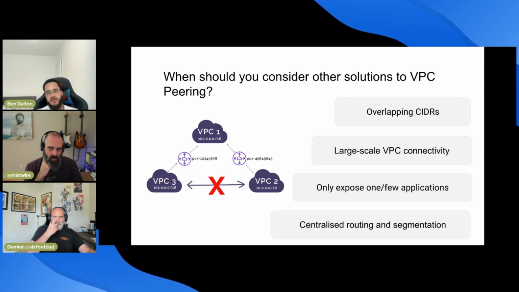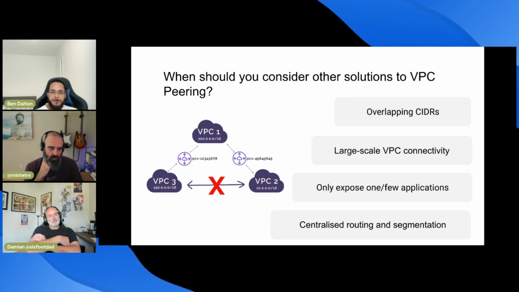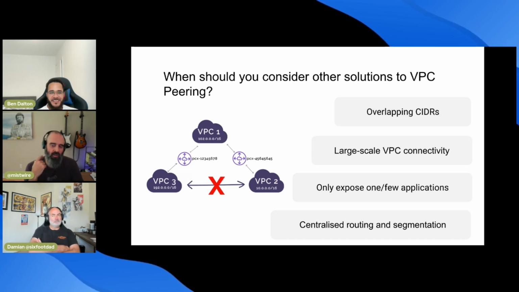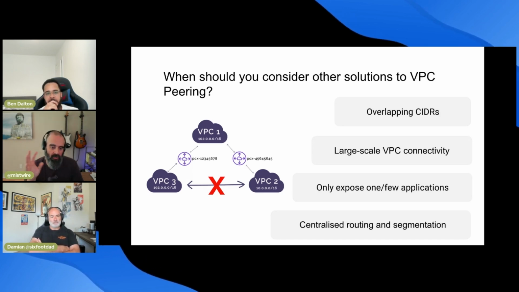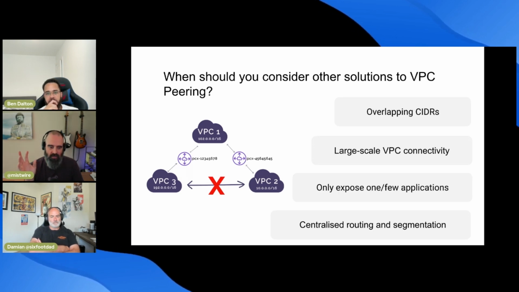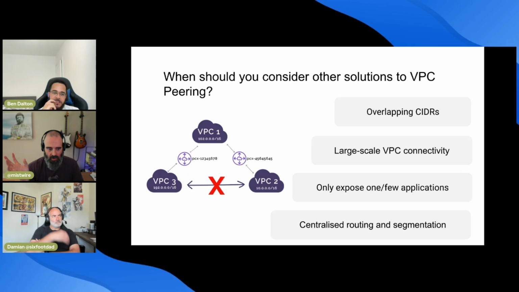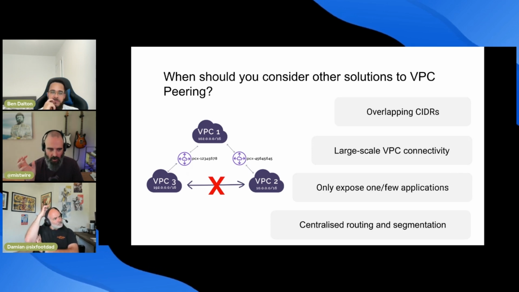Is there a magic number, or a throughput amount, where you'd say, okay, I'm going to use peering up until this point, but now that I have this many things, I'm going to flip over to transit gateway? Or is it a harder decision to make?